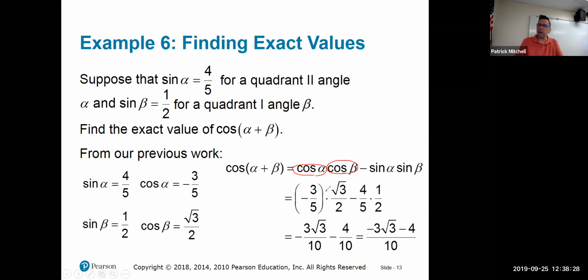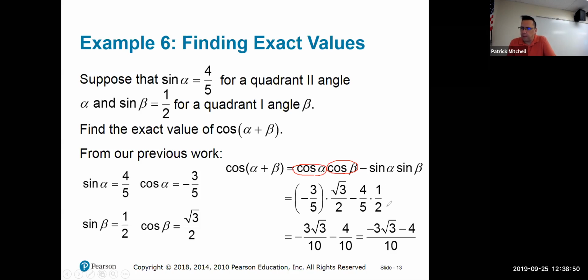So we found that the cosine of alpha was negative 3/5. We found that the cosine of beta was root 3 over 2. And we were given sine alpha and sine beta were 4/5 and 1/2. So you put that all together. Cosine alpha times cosine beta is negative 3 root 3 over 10.